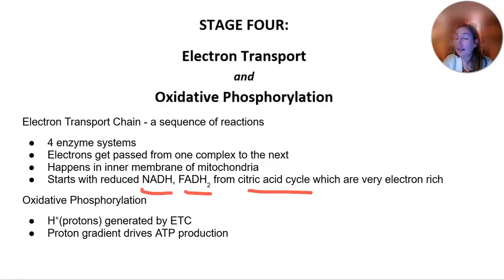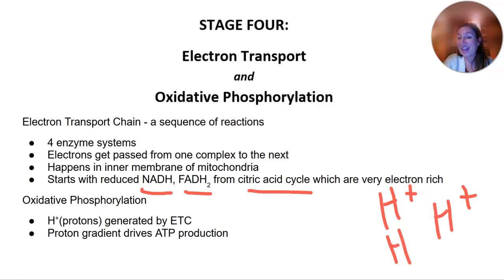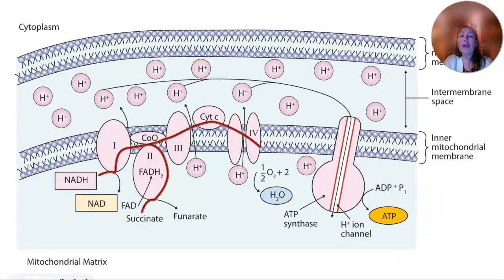Then in oxidative phosphorylation, the H+, or protons, generated by electron transport create proton gradients that drive ATP production. Remember, this excess of H+ is our proton gradient, and that's what will drive ATP production forward.